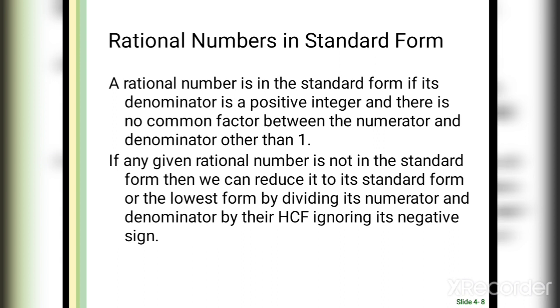If any given rational number is not in the standard form, then we can reduce it to its standard form or lowest form by dividing its numerator and denominator by their HCF, ignoring its negative sign.